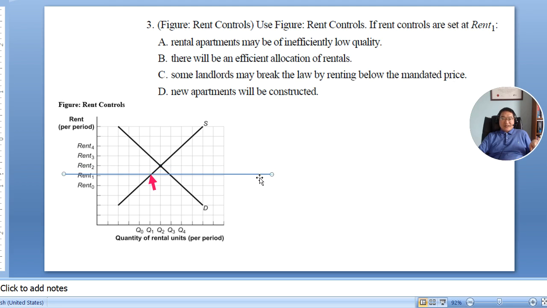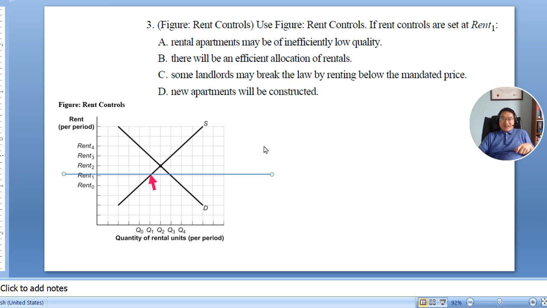So they don't need to go lower. Actually, not the landlords, but when you are trying to find an apartment in a price controlled area, a lot of the time you have to pay a finder's fee, a very pricey one, like $3,000, something like that, for the agent to find you a place. Okay, there are various ways the market actually charges a higher price.